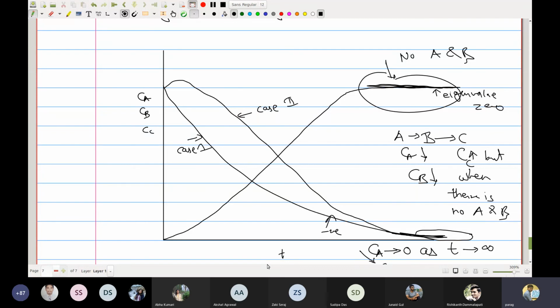Therefore when you appear in Vivas, generally the faculty have a favorite question: A going to B going to C, A going to B, A going to C, A going to B going to C, C going to D, D going to F, and so on, and they will ask you to draw the evolution. Generally we analyze this case from the point of view of K1 versus K2. When K1 is much greater than K2, then it would come down. When K1 is less than K2, then it would go up. This is not entirely true.